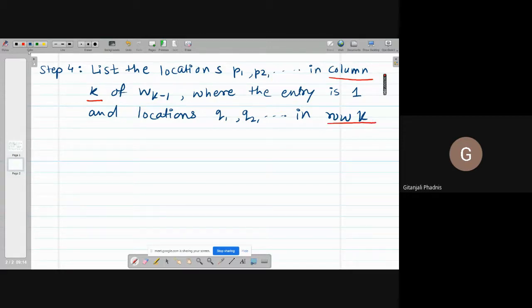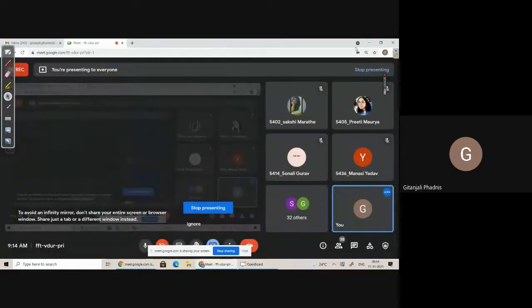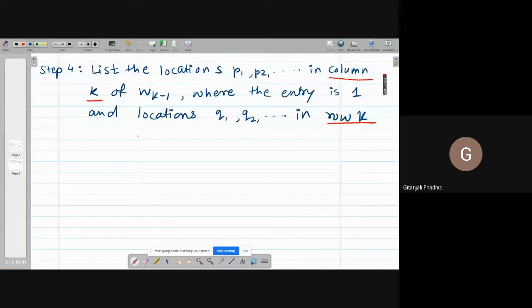So wherever we have 1 in the first column, all those locations we will call P1, P2 and so on. And wherever we have 1 in the first row, because my K value is 1 right now, I will call those locations Q1, Q2 of WK minus 1 where the entry is 1.